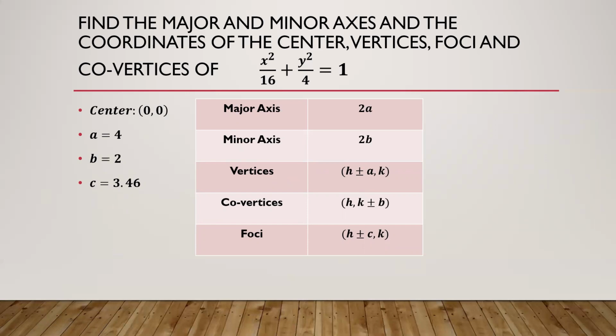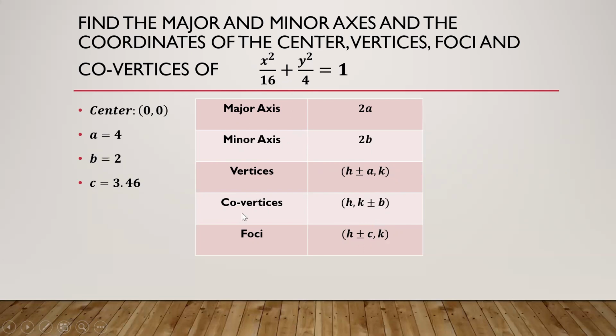As for our vertices, it's h plus and minus a, comma k. So here for our vertices, we will manipulate h. Why? Because again, our a squared is with our h or our x.